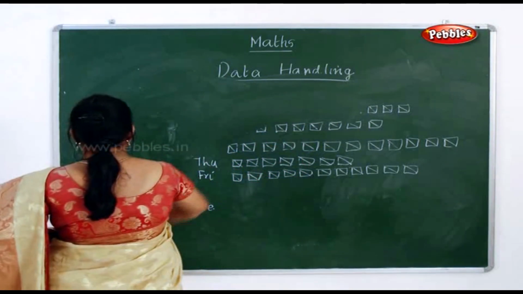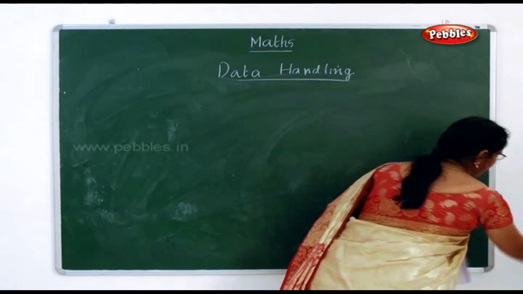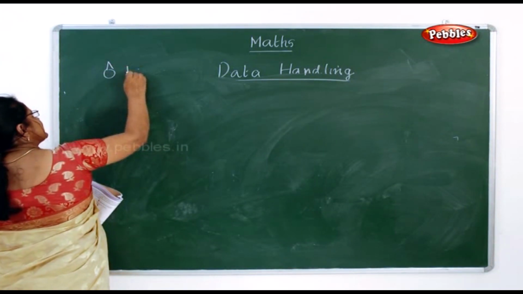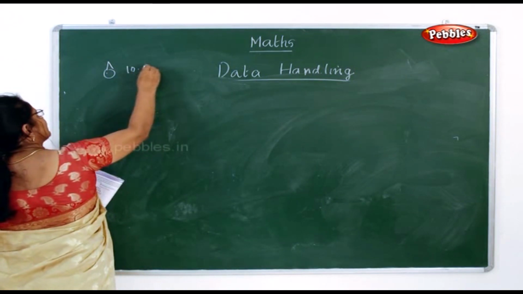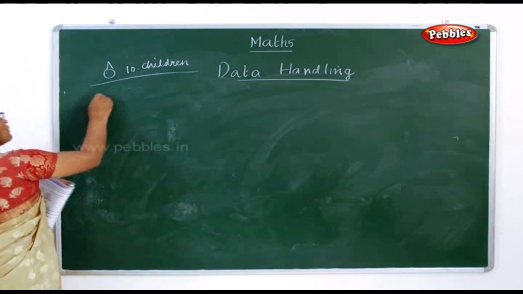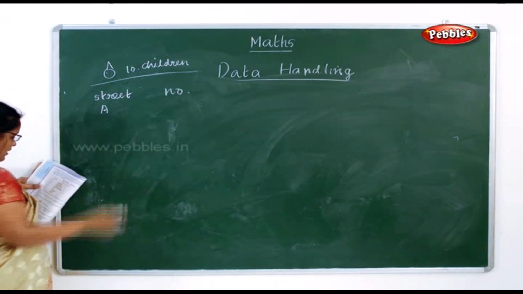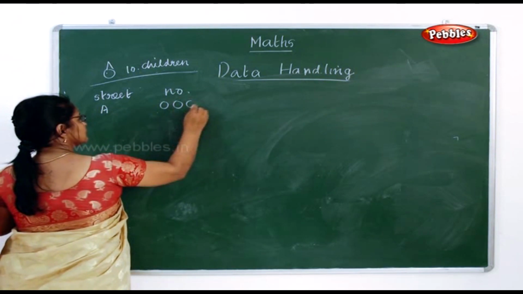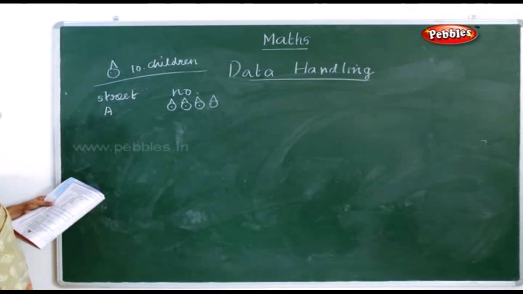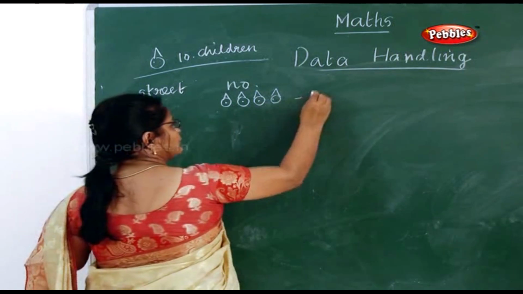Now, the data given is for street A. This symbol represents 10 children. Now, how many children were there on street A? Because I told you 1 represents 10. So, it means 10, 20, 30, 40.